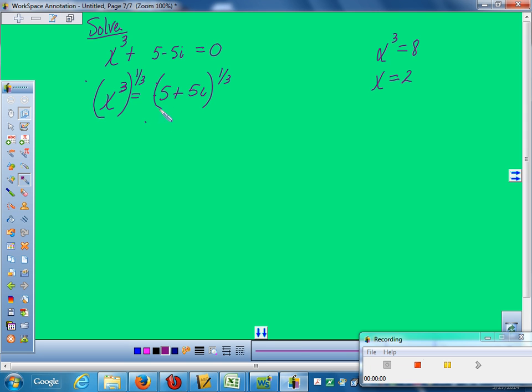Yes, I did have a negative 5 there originally. You're trying to take this complex number to the 1/3 power. So we have to do the theorem here that we just did, but we have to take it to the 1/3 power. I had to change it because I moved it to the other side of the equal sign.